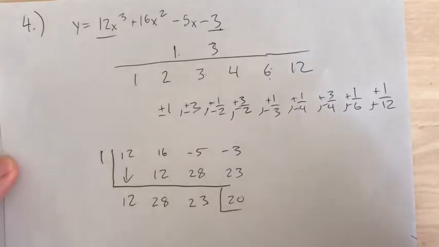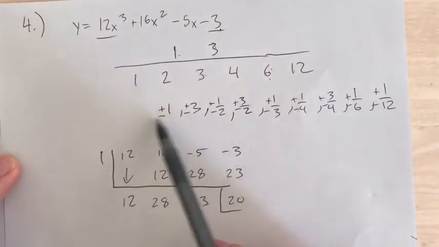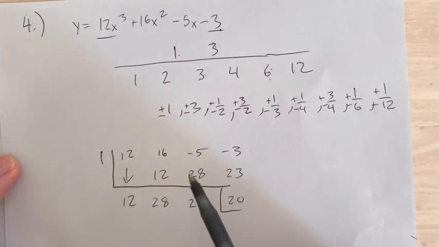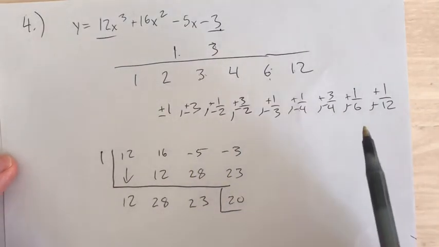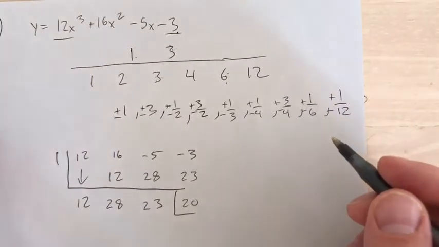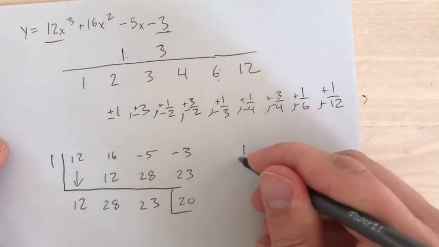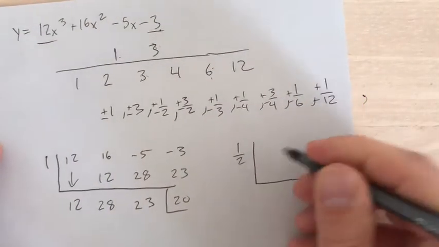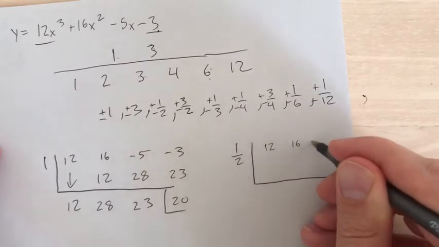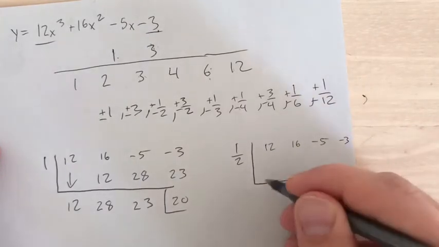Now, I'm just going to skip ahead a little bit. I tried actually 1 and 3. None of them worked. So it must be one of the fractions. So let's do fractions. Let's try, for instance, 1/2. So 1/2, 12, 16, negative 5, negative 3.